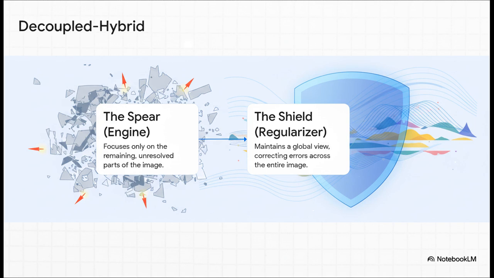Since the spear is the engine for adding new details, they trained it to focus only on the parts of the image that are still noisy and unresolved. But since the shield is a global guardian, they trained it to always look at the entire image from start to finish so it could catch and correct errors anywhere at any time.